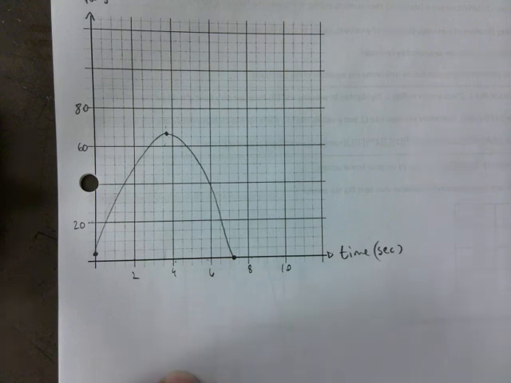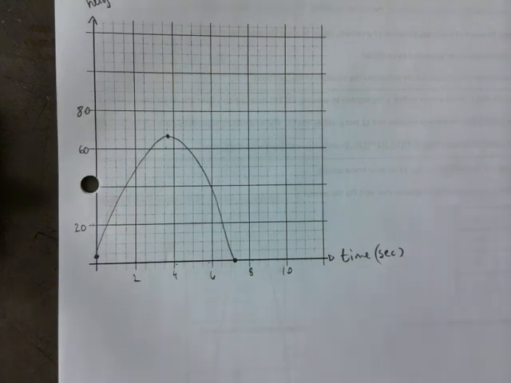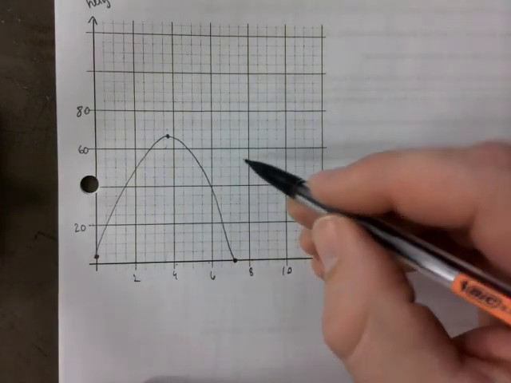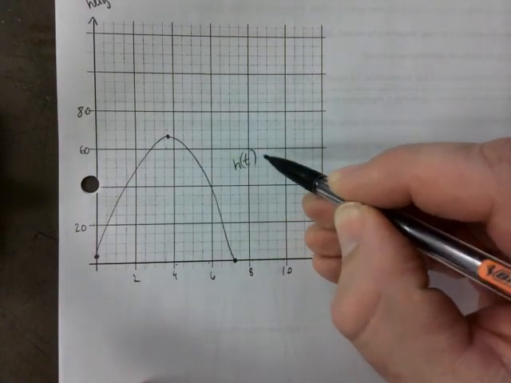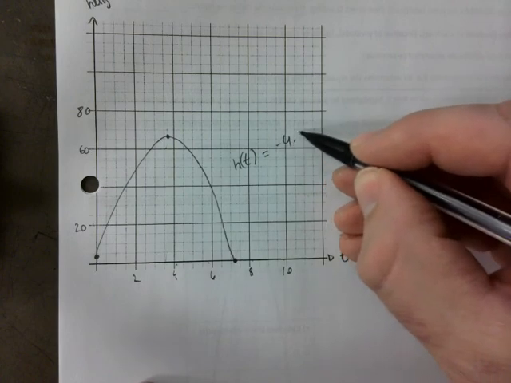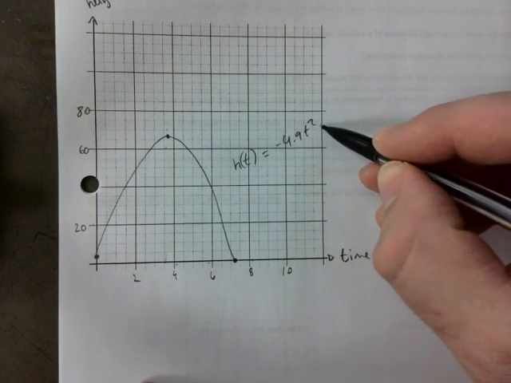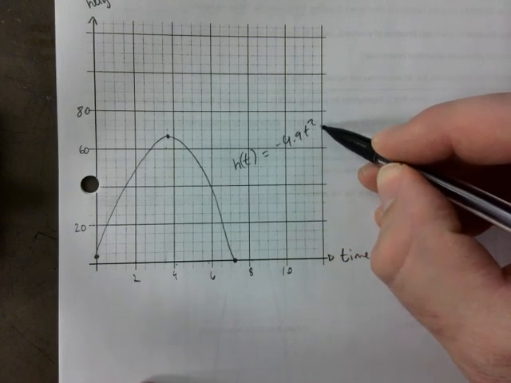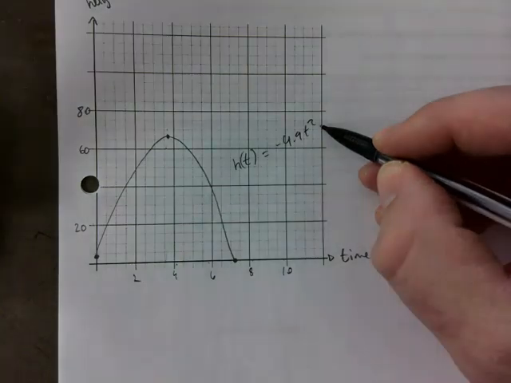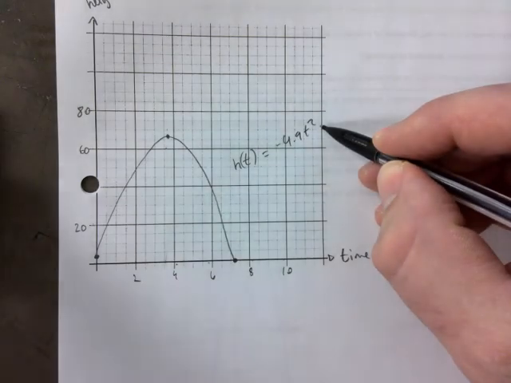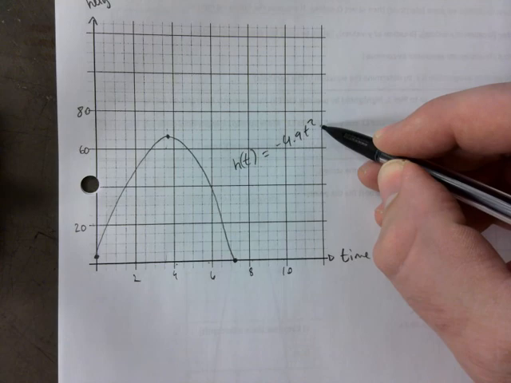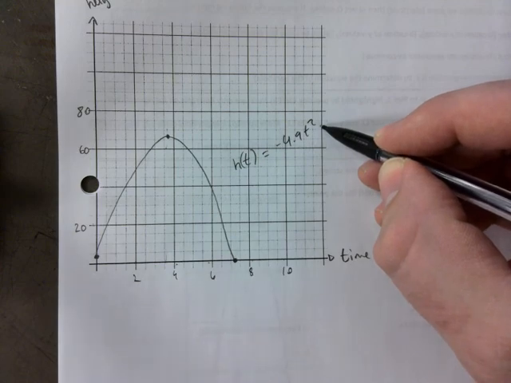I could have probably used a bit of a different scale to use up more, but I would be more than happy with this. Okay. Height in terms of time, negative 4.9 t squared. And I already forgot my equation. Hold on. I'm like Dory in Finding Nemo.